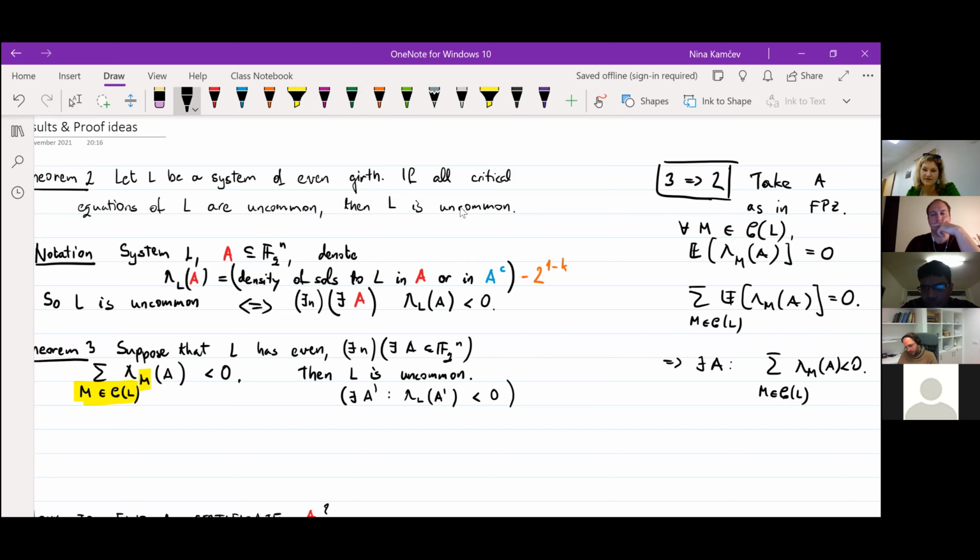And then theorem 3 implies that L is uncommon. Okay, so that's just a very brief sketch, but please let me know if any of that proof doesn't make sense.